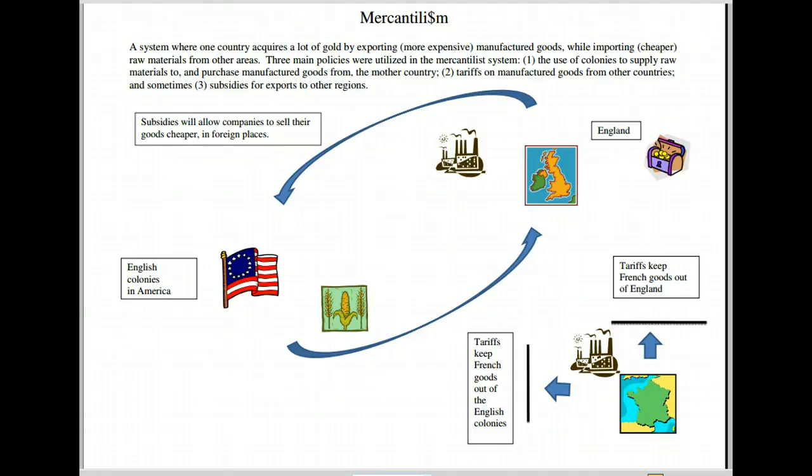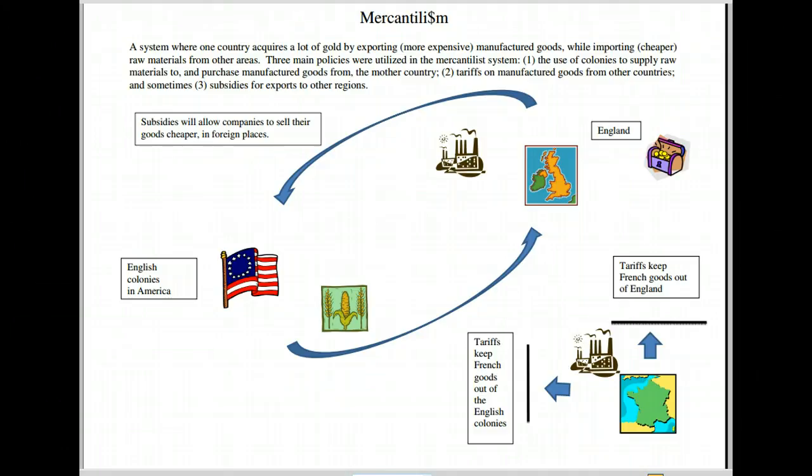So let's take a step back and review the component parts of mercantilism as well as its problems. First of all, mercantilism involves a policy designed to promote the sales of manufactured goods by the businessmen of a country. In order to do this, that country will raise tariffs against manufactured goods of other countries. In order to increase sales of those manufactured goods and to secure raw materials used in the making of those finished goods, countries will acquire colonies.